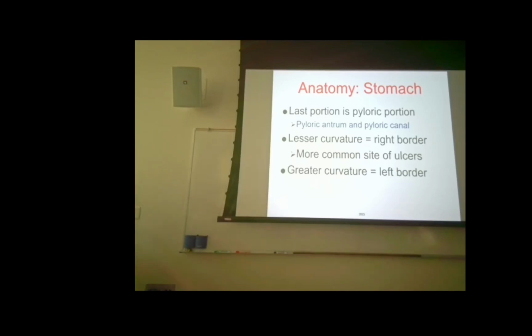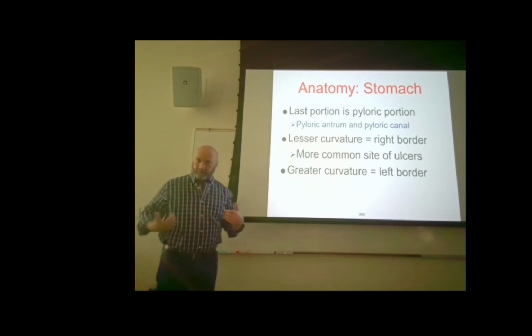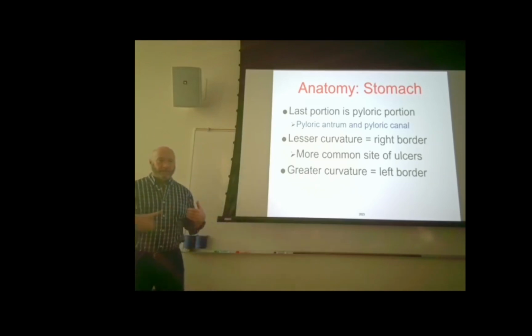So also on the body, on the medial side of the body, what we have is what we refer to as a lesser curvature. And lesser and greater in this case refers to the length of it. All right, so the stomach is a J-shaped organ. On the medial side, more towards midline, that curvature is going to be shorter, so that's going to be your lesser curvature.